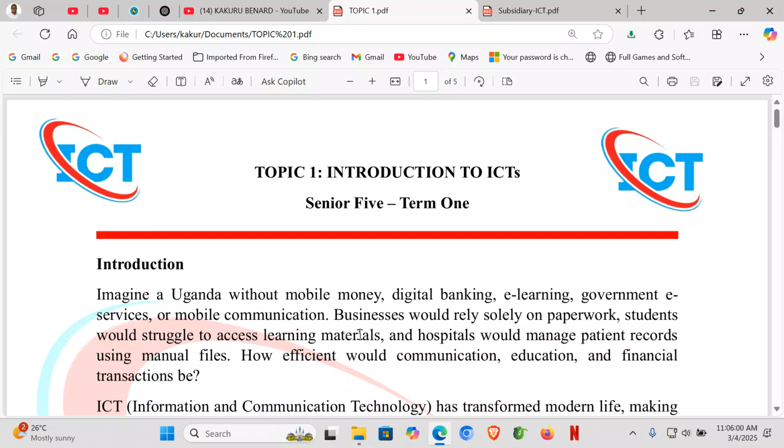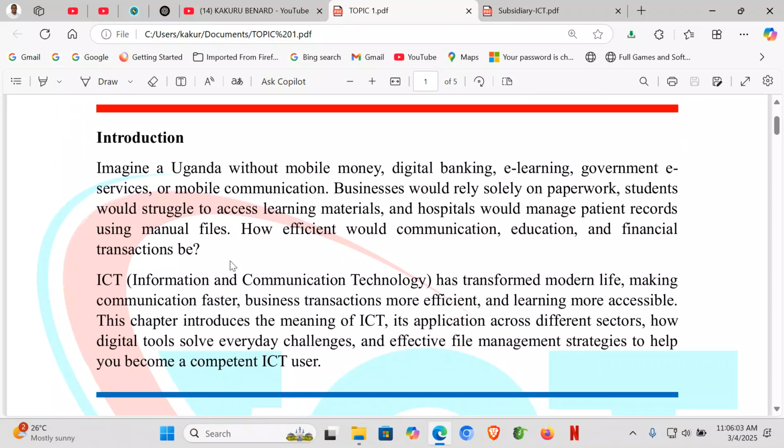To begin with, I have an introduction where we are saying: imagine a Uganda without mobile money, digital banking, e-learning, government e-services, or mobile communications. Businesses would rely solely on paperwork. Students would struggle to access learning materials, and hospitals would manage patients' records using manual files. How efficient would communication, education, and financial transactions be?